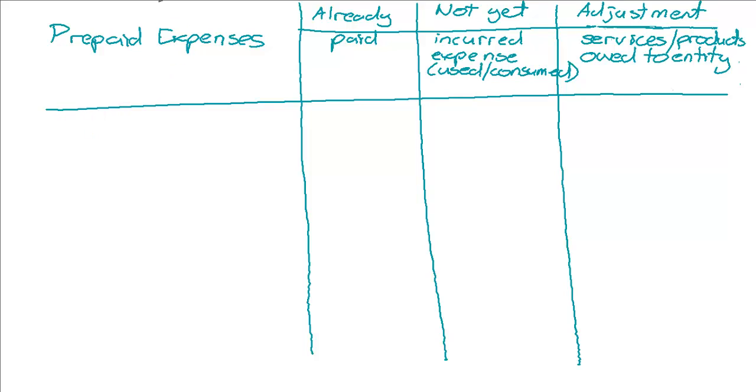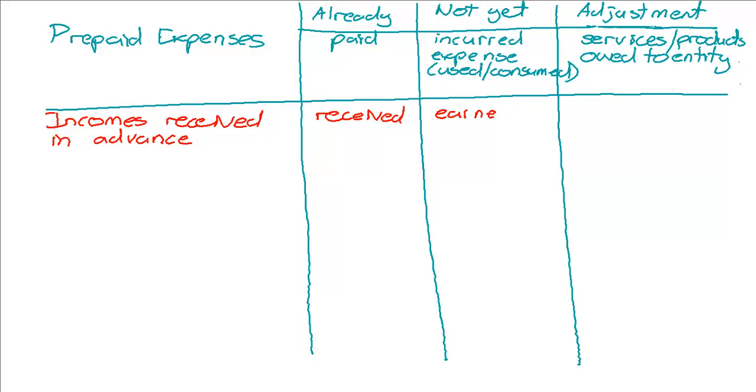Then we looked at incomes received in advance. Just do it in a different color. Incomes received in advance. Now here we had a similar thing. We'd already received the payment, but we'd not yet earned or deserved the income.